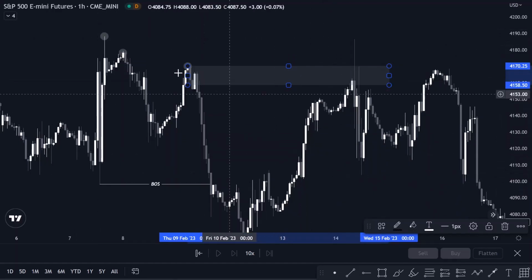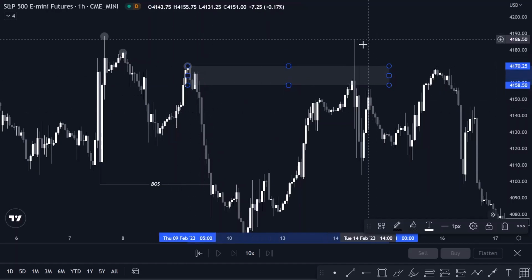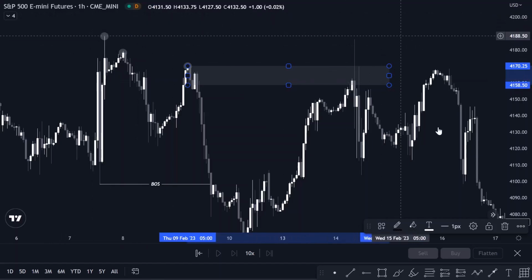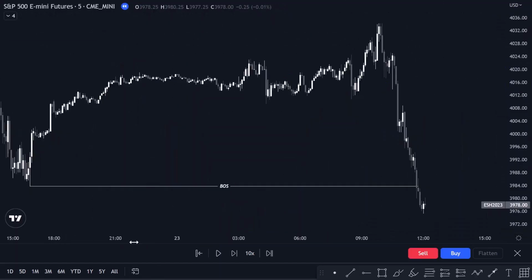That's what happened. So inducement taken, price mitigates the extreme order block, the high probability one goes down. So in this example, we had a break of structure, the bearish one, price goes down here. Now we have multiple order blocks.